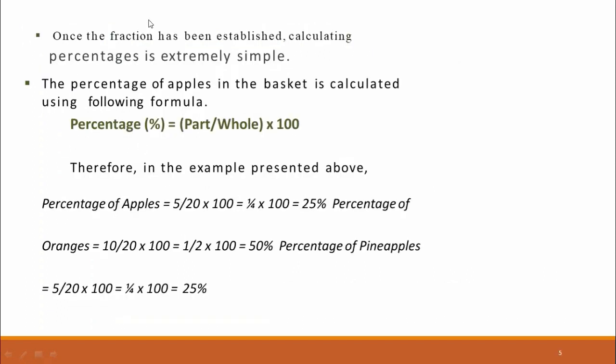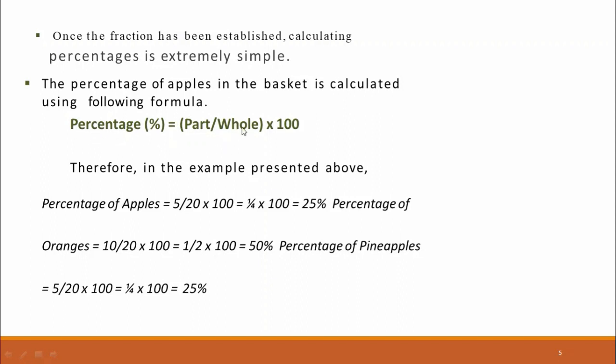Now to calculate the percentage, once the fraction has been established, the percentage of apples in the basket is calculated using this formula. Percentage is equal to part divided by whole multiplied by 100. And if we divide both sides of this equation by 100, we obtain the formula: percentage divided by 100 is equal to part divided by whole.